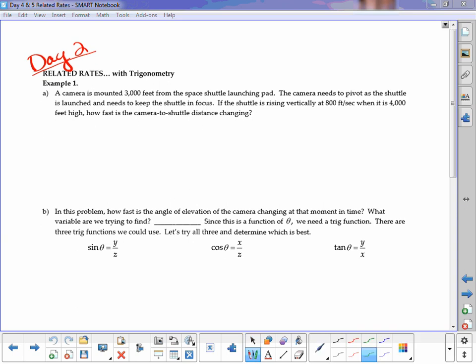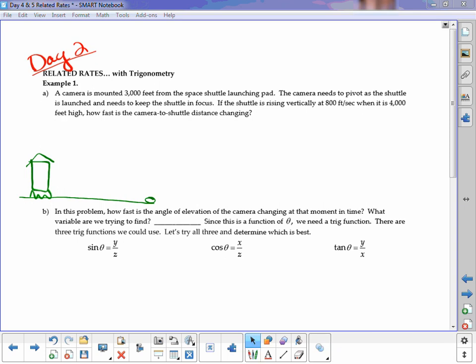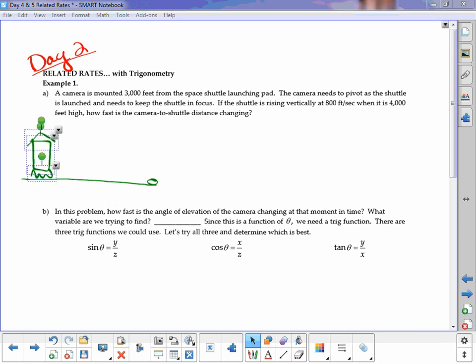Okay, so we've got a rocket. Looks like a house with a skirt on or something. And we have a camera mounted 3,000 feet from that launch pad. So we know that this distance here is 3,000 feet.